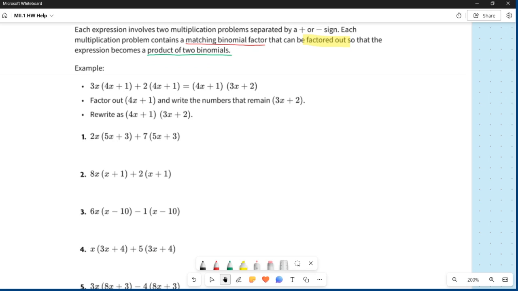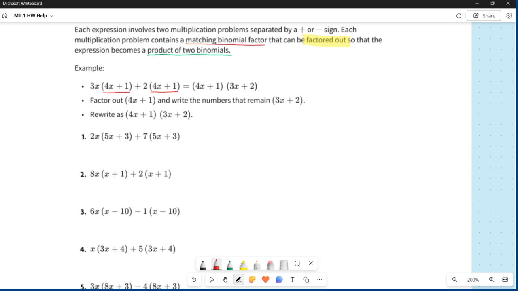So looking at the example that they provided, our example is 3x times 4x plus 1 plus 2 times 4x plus 1. And you can see that the matching binomial factor in this case is 4x plus 1. That appears in both terms, both the first term and the second term.